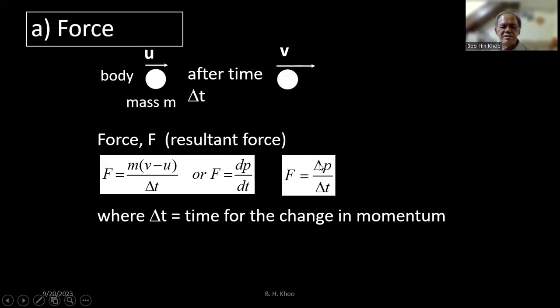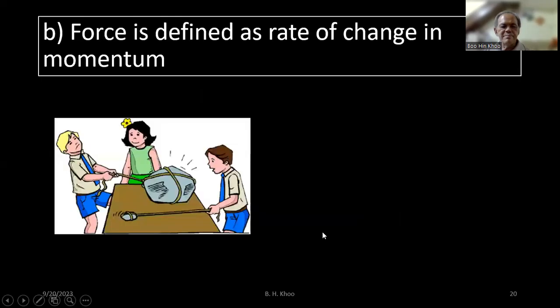Or we can write delta p over delta t. Force is defined as the rate of change in momentum. Remember that. That is required by your syllabus, not F equals ma. So Newton's second law allows us to calculate the force and it defines the force.